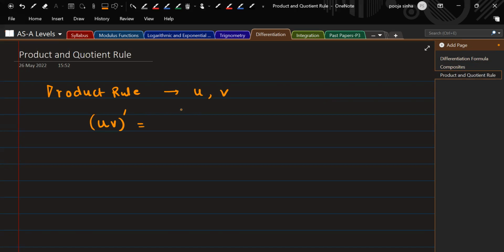We keep the first, differentiate the second, add, keep the second and differentiate the first. So it's like u into differentiation of v plus v into differentiation of u. Correct. बहुत आसान है. Very easy. Okay. Example.